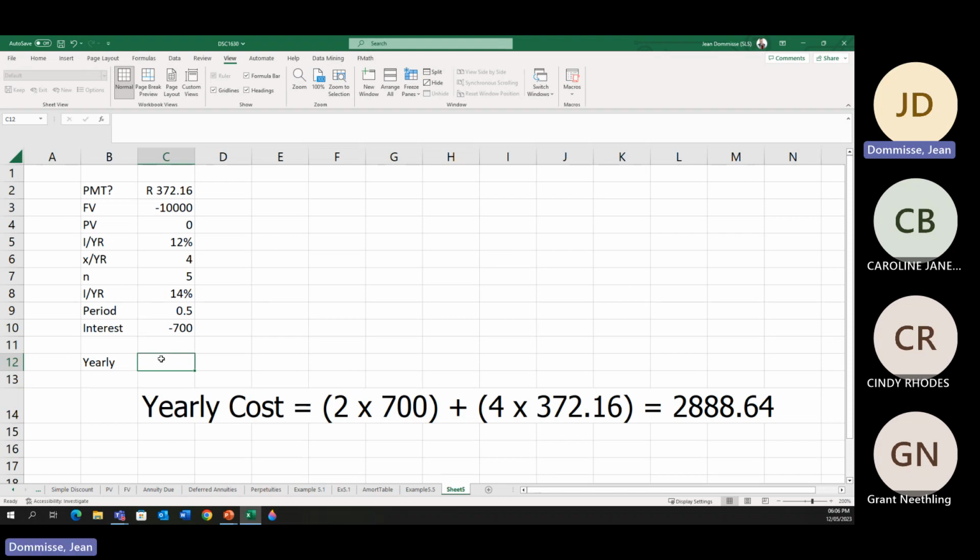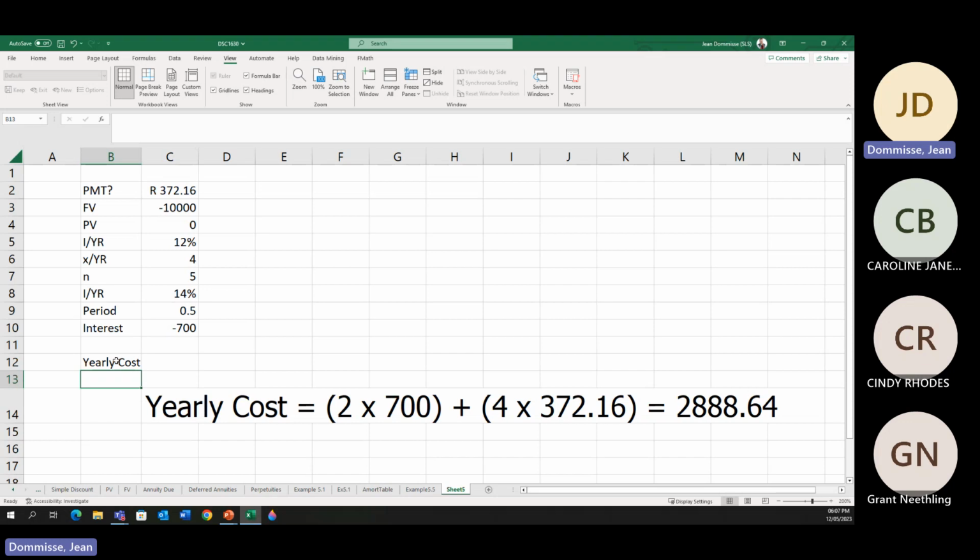So it's a half year plus a half year. That is why it is times 2. It would have been nice if I could have done it differently, I will think about how to make that better, just so that it makes a bit more sense.